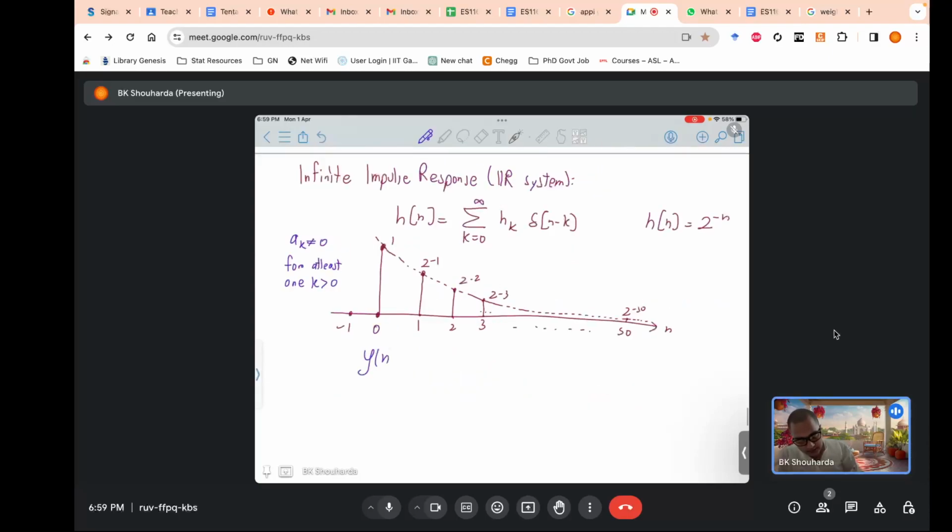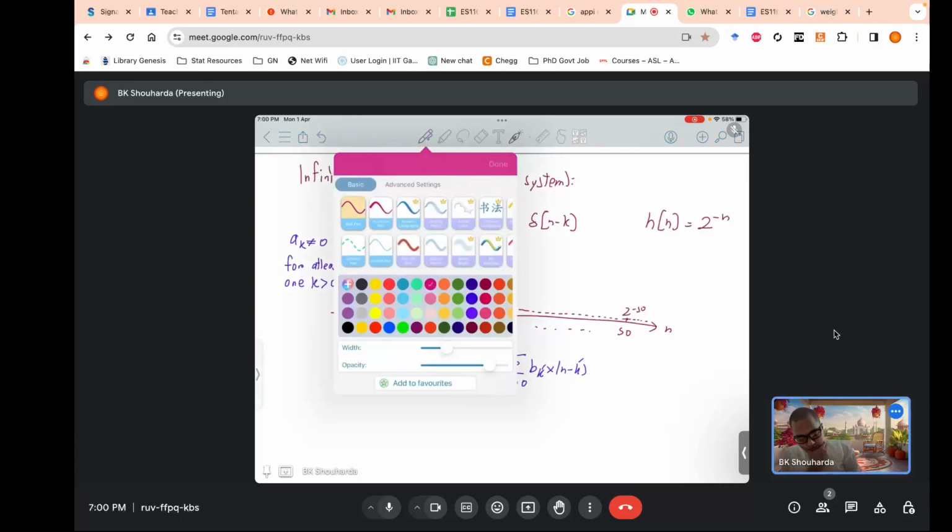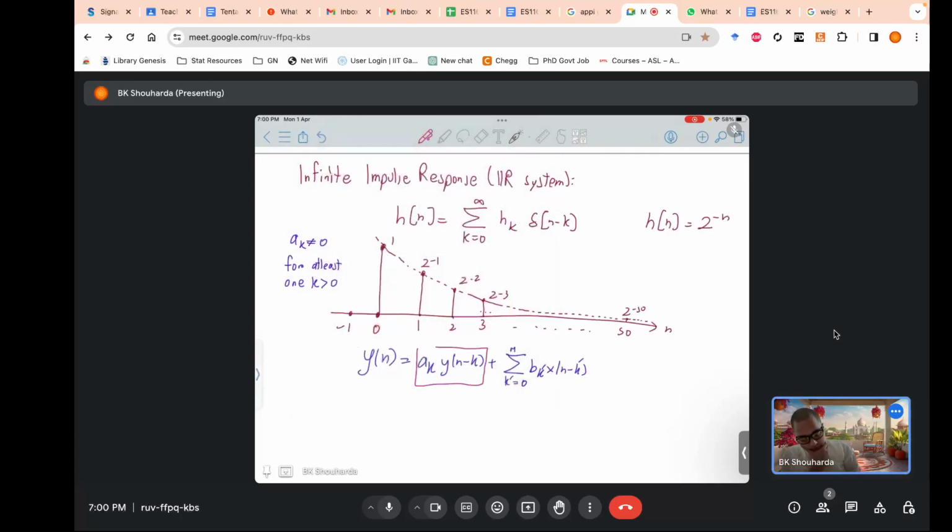Because y[n] actually becomes a_k plus the summation of all b_k x[n minus k], with k prime equal to 0 to M. It is because of this, called feedback, and this feedback always tries to give in some kind of input.